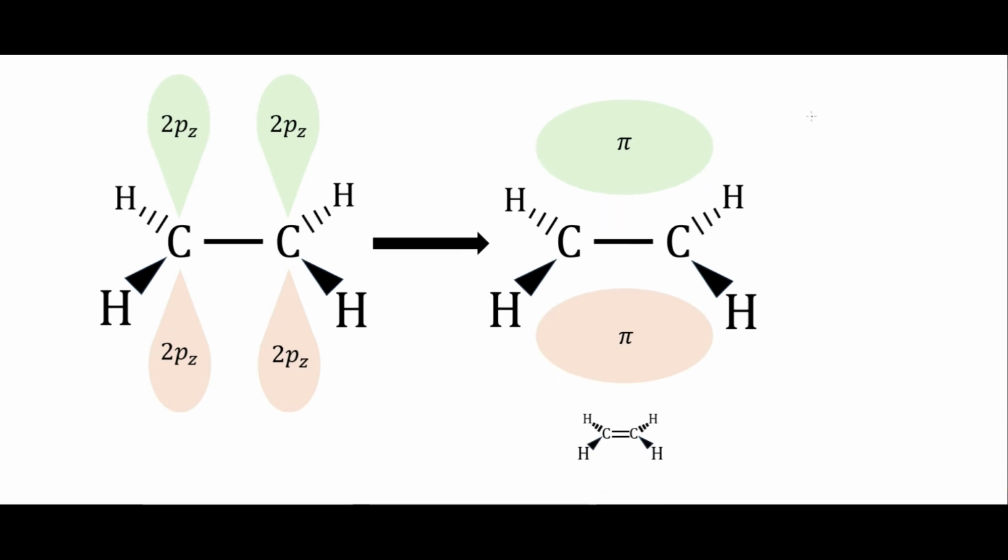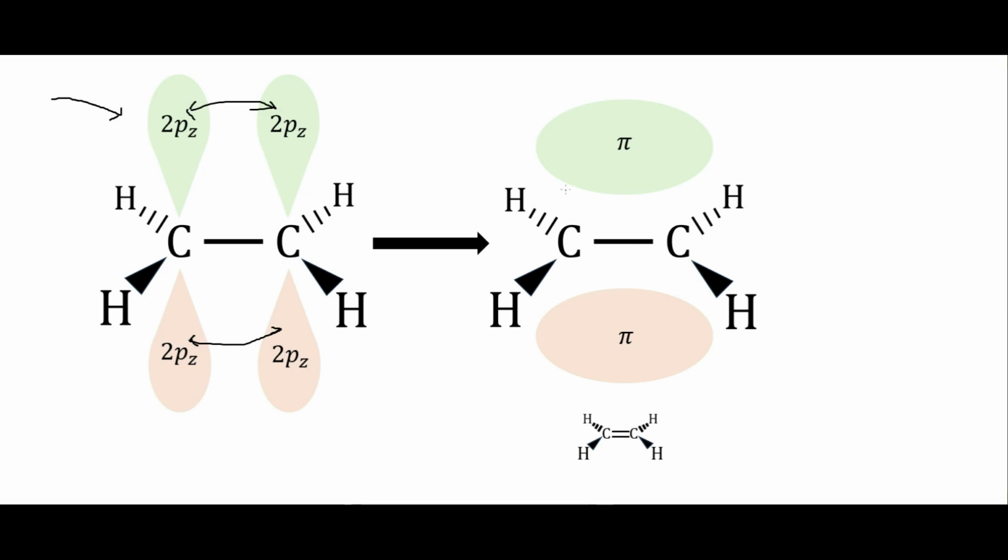So another thing to remember from our general chemistry is these pi bonds, and this is what we'll see in double bonds. So we have these 2pz orbitals, which is what we have in the carbon here, and these will interact with each other because they're parallel to each other, and they are perpendicular to the plane of this molecule.